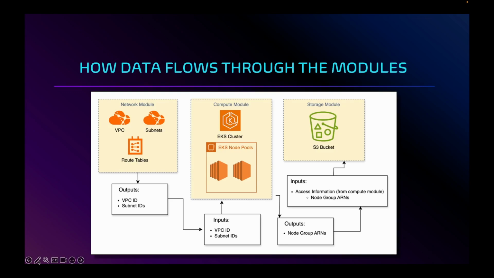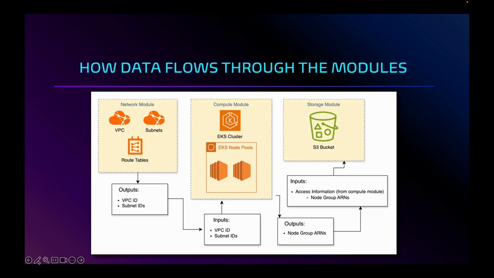Next, we move to the compute module, which provisions our EKS cluster and node pools. This module takes in the VPC ID and subnet IDs as inputs, ensuring that the cluster is deployed into the correct subnets for security and connectivity. The compute module then outputs the node group ARNs, which are needed for IAM policies and permissions in the storage module.